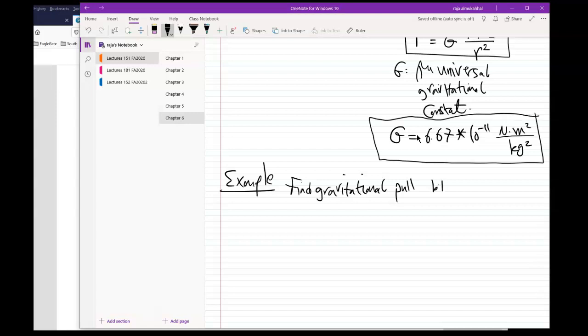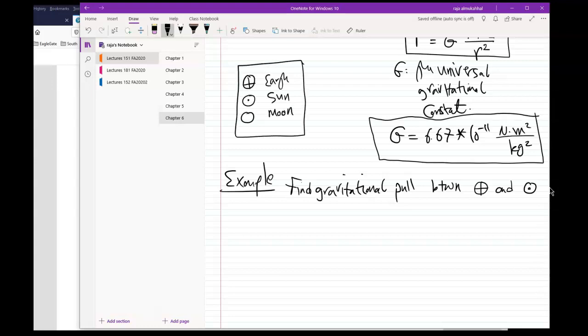Gravitational force between, let's say, the Earth. Oh, by the way, the symbol of Earth in astronomy is a circle with a dot. Here it is. Earth, Sun, Moon. I like to use those symbols. They're just kind of cute and convenient, you know what I mean?